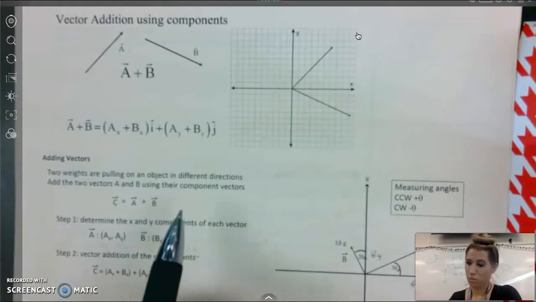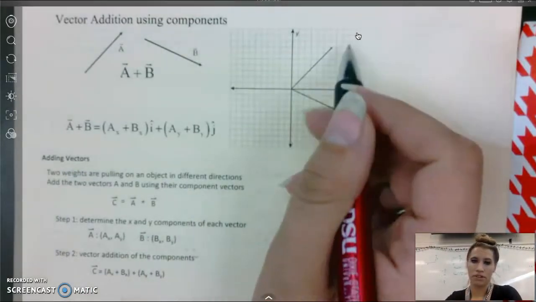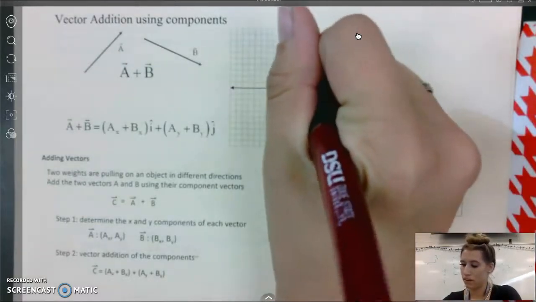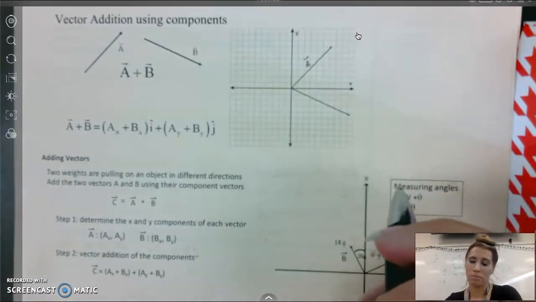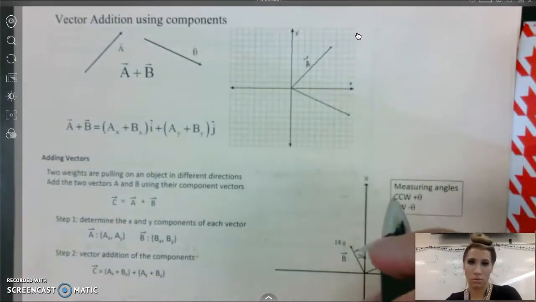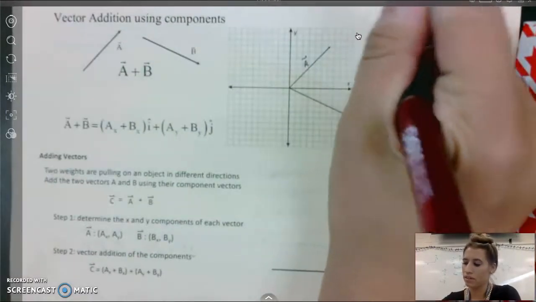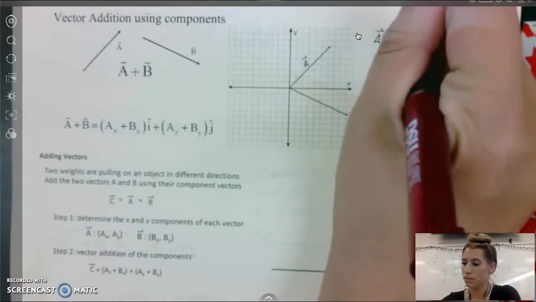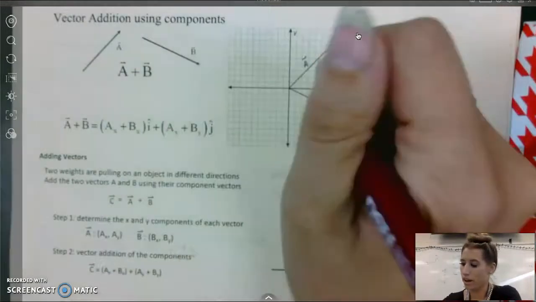So it's basically saying if I were to take this vector here, and we'll call it vector A, well, vector A is just the components of its x and its y, right? Like A vector is equal to AX vector plus AY vector. And I could draw those out.